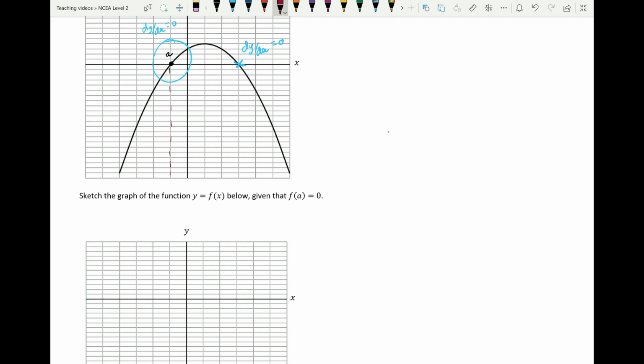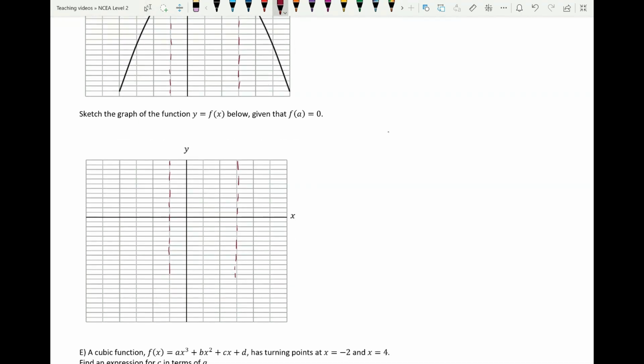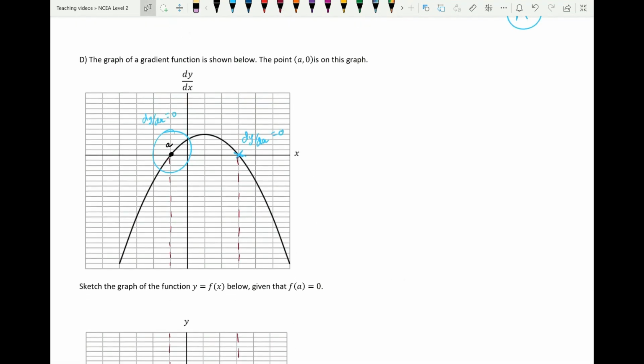So we need to line up our turning points with these x-intercepts of f dash of x. So I'm going to draw these lines in a wavy way because we don't know where they're going to be yet.